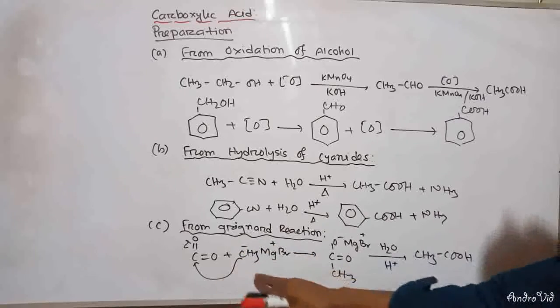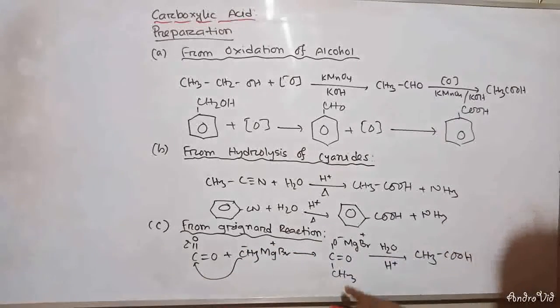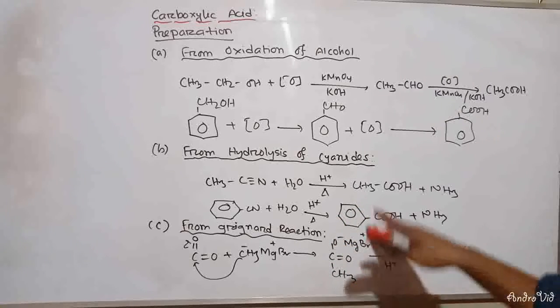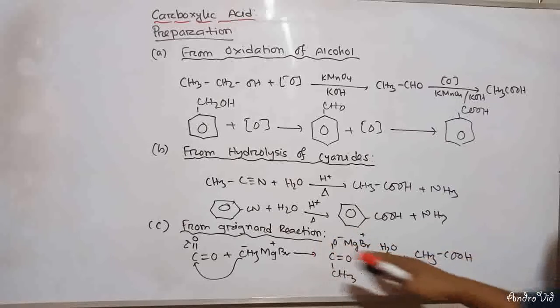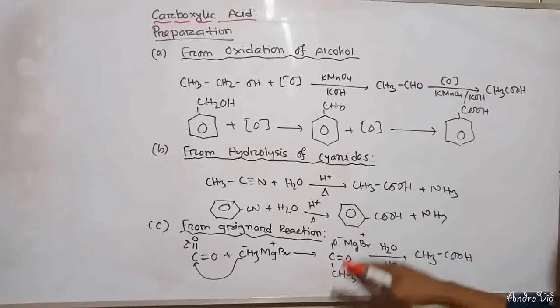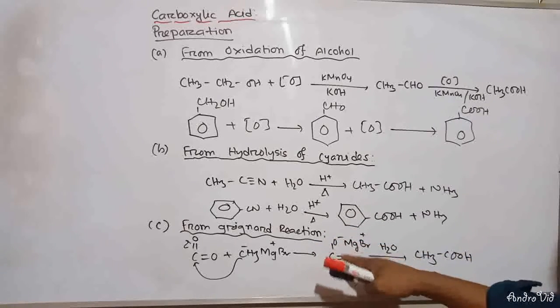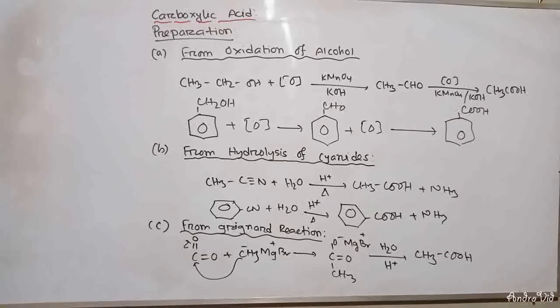Then this methyl group will attack this carbon. By this way, this type of product will be produced, and after the hydrolysis of this compound in presence of a slight amount of acid, this portion will be converted to OH. By this way you get ethanoic acid. So when you carry out the reaction of carbon dioxide and Grignard reagent methyl magnesium bromide, then you will be able to produce ethanoic acid.